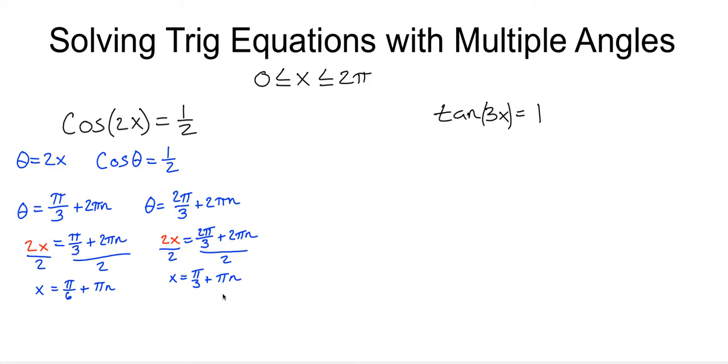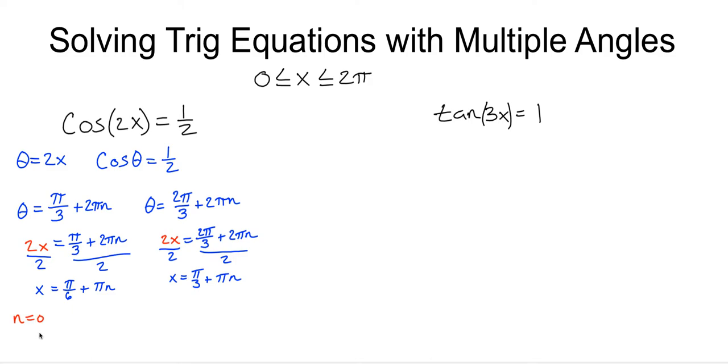Now we just have to figure out how many solutions we can get between 0 and 2 pi. In each case, we're going to test different values of n, starting with 0. If n is equal to 0, that eliminates this part here.